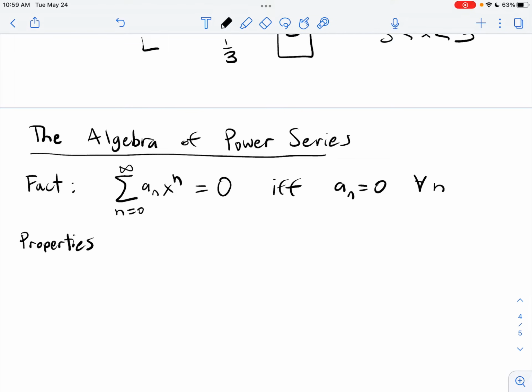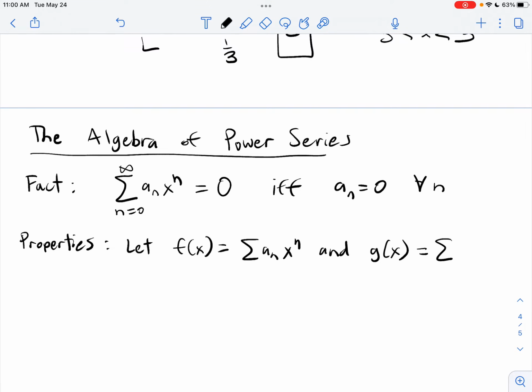What are some properties? I want us to let f of x equal a_n x to the n and g of x equal a different series, b_n x to the n.